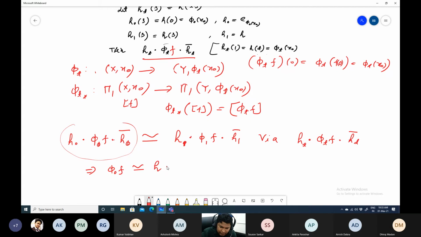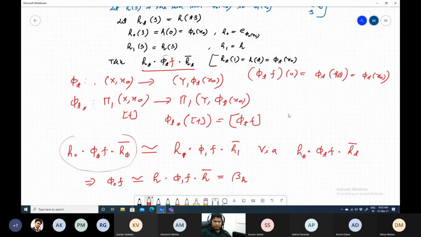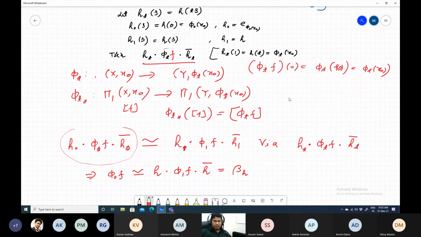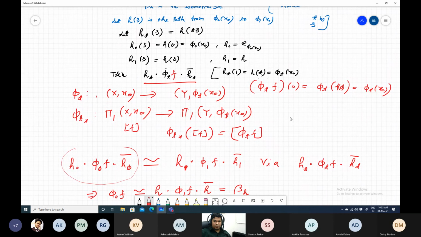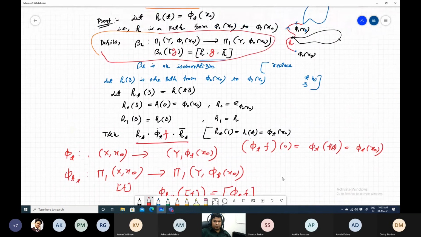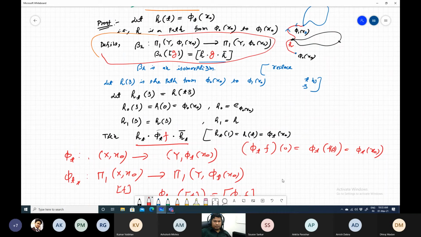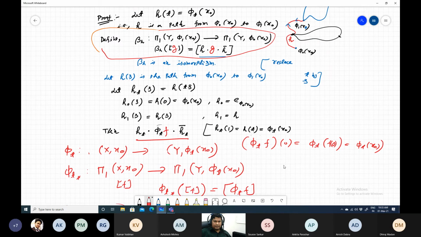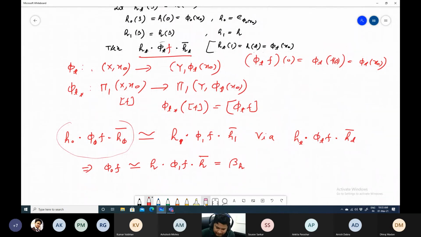H1 means h, right? So h dot phi 1 f dot h bar.